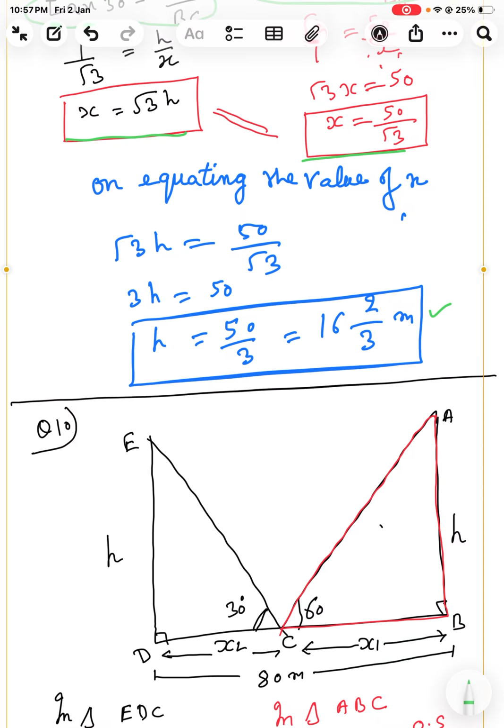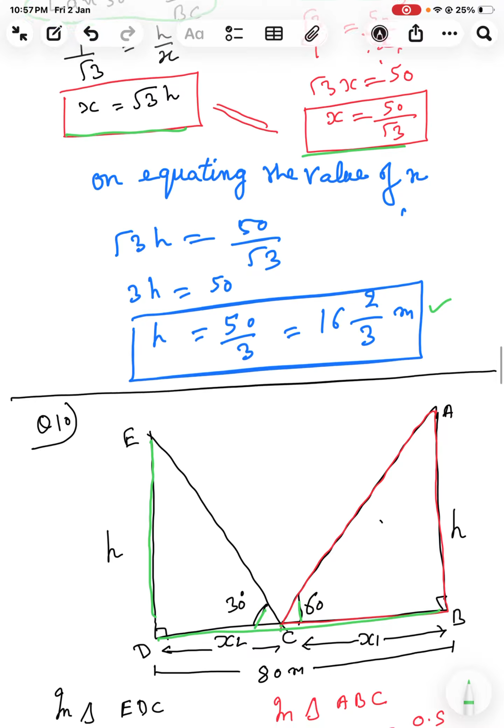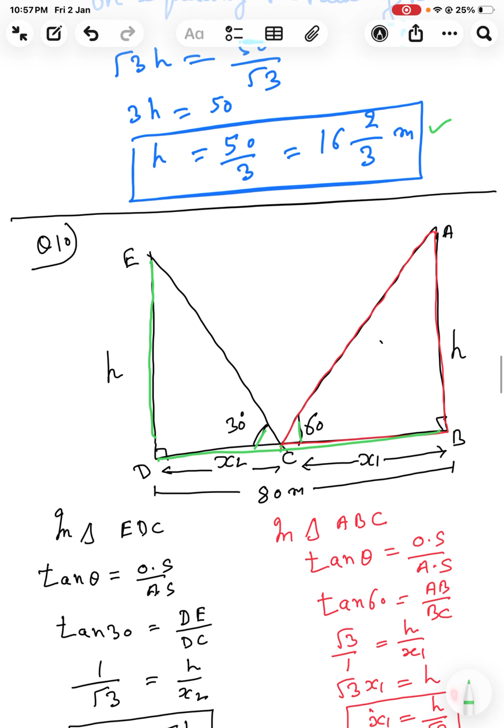In question 10, there are two poles of equal heights making angles of 30 degrees and 60 degrees at a point between the road, which is 80 meter wide. Now tan 30 degree and tan 60 degree.